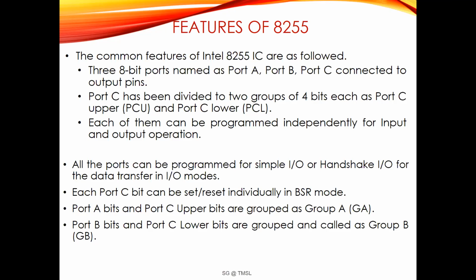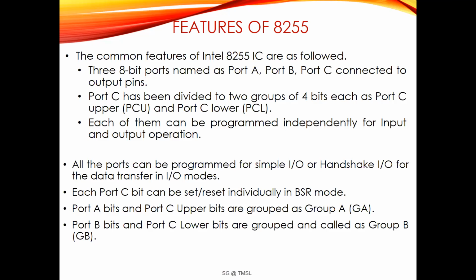Now, all the ports can be programmed for simple input output or handshake input output in the IO mode. I have just discussed the handshake signals. So those handshake signals can be connected via these ports, which are available in 8255 PPI. And only port C can be set or reset individually in a mode which is called BSR mode.